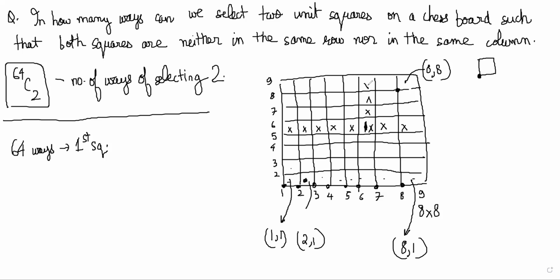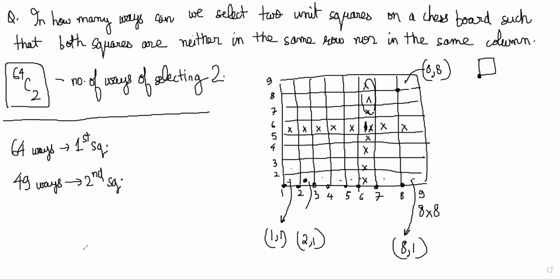So for the second square, I have to exclude 7 here and 7 in here and 1, so basically 15 I have to exclude. So 49 ways of choosing the second square.